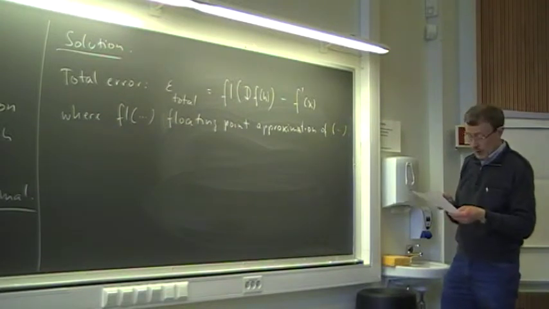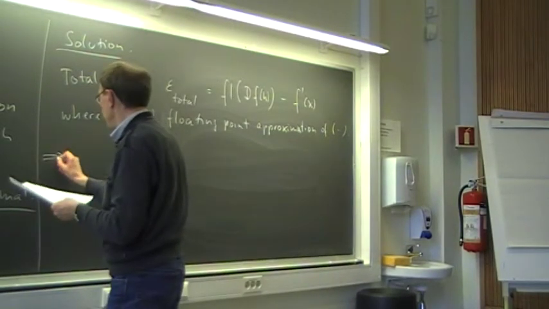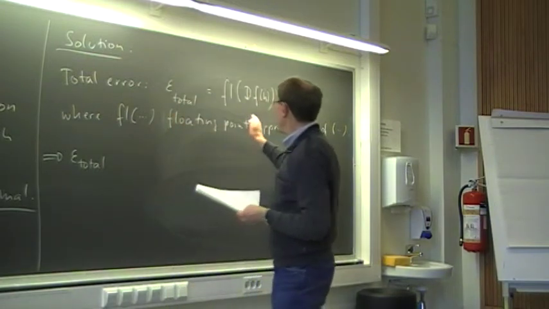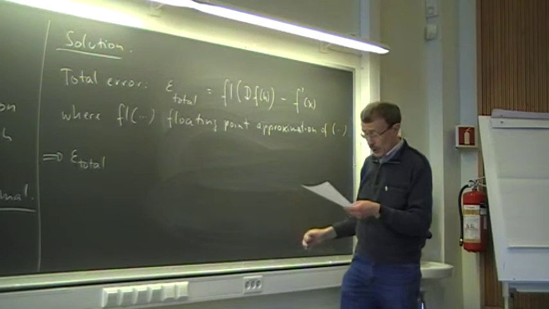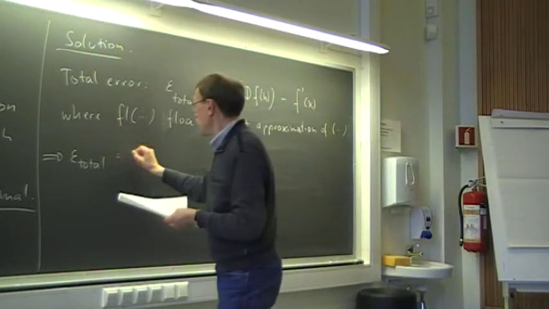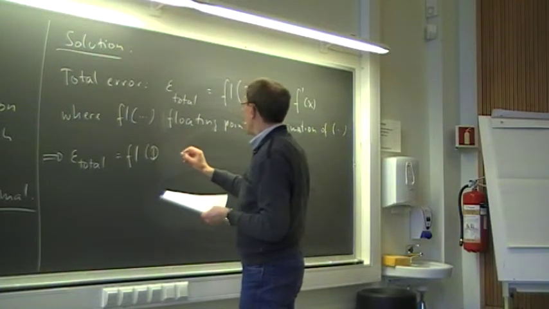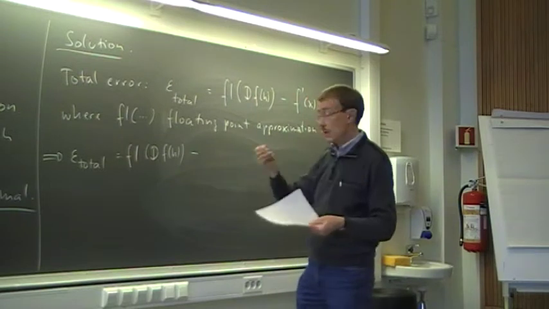So then we write now the total error a little differently. We try to involve now both the rounding error and the truncation error. So that means we write now simply the floating point of the central difference minus the central difference.